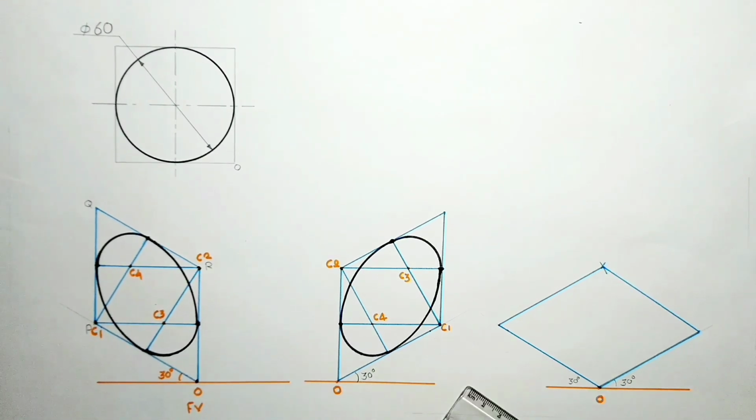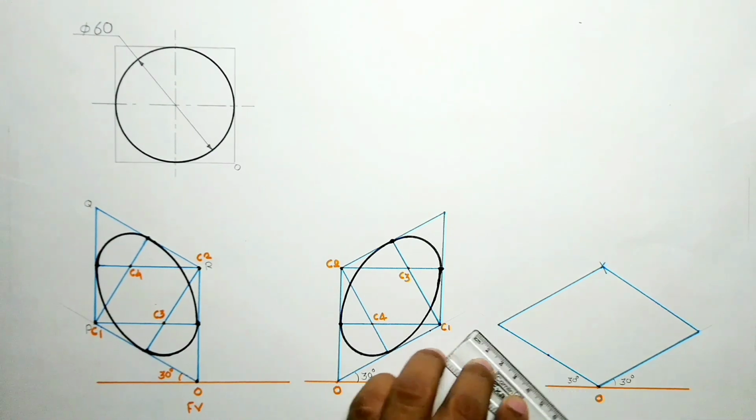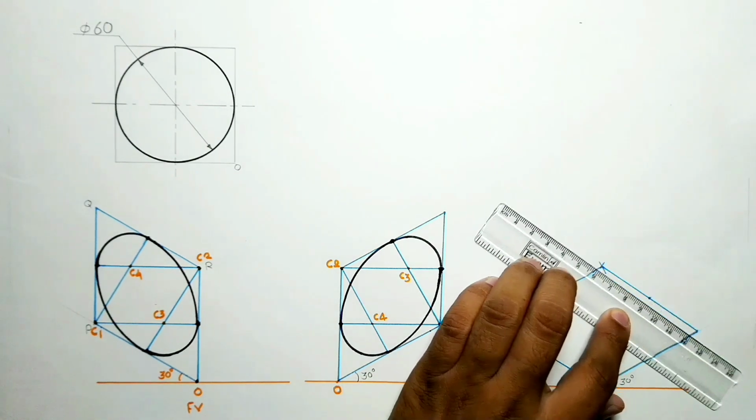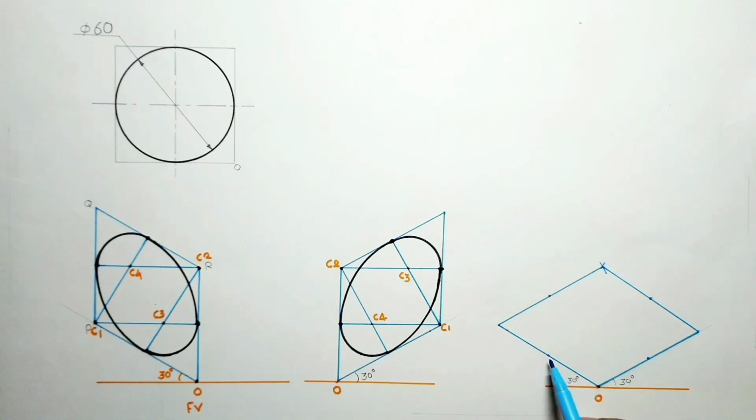In top view also we are going to follow the same process. So mark all the midpoints of the lines. Here also two angles are the large angle, two angles are the small angle.